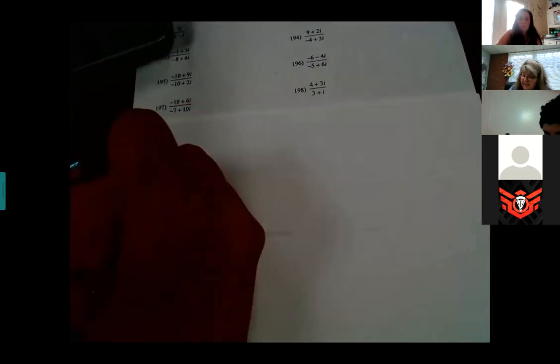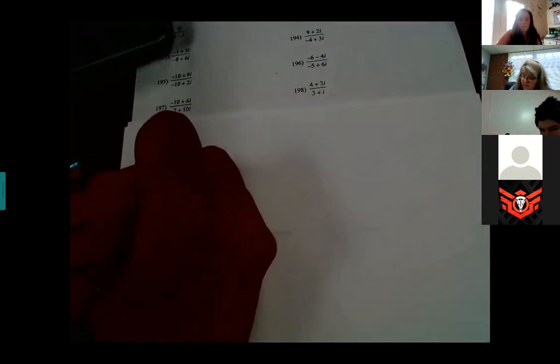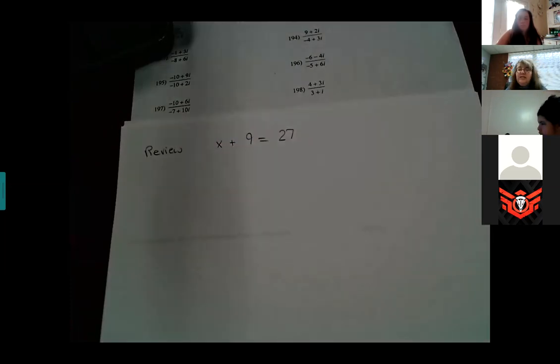You don't have to copy this down. I just like y'all to text me some answers. Somebody tell me what the answer to this equation is and just chat me the answer. We're starting with some basic review. So chat me the answer.